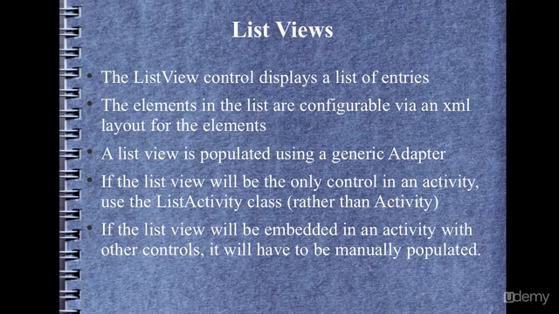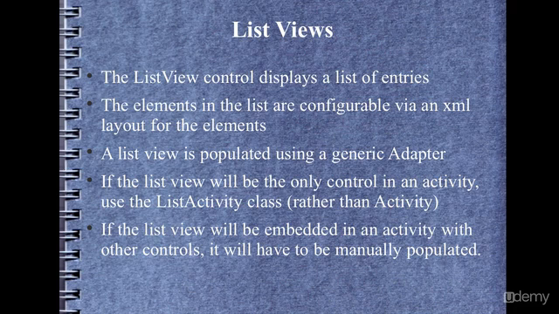We populate a list view using a generic adapter, and this can be any type of generic list type adapter. So we can use a list, we can use an array list, which is normal. We can use anything that we want as long as it's a generic list type.